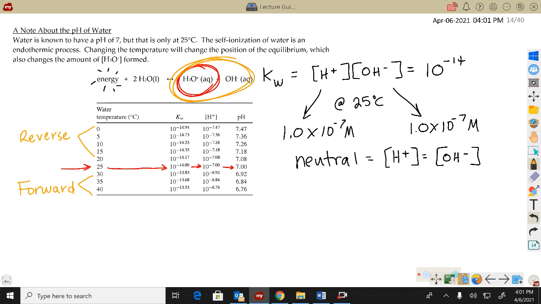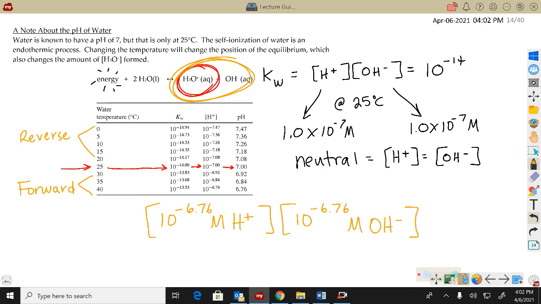So even at like 40 degrees, I could say that the hydrogen concentration might be 10 to the negative 6.76. Well, so is the hydroxide. Hydroxide would also be 10 to the negative 6.76. Water is always neutral. These will always be the same.